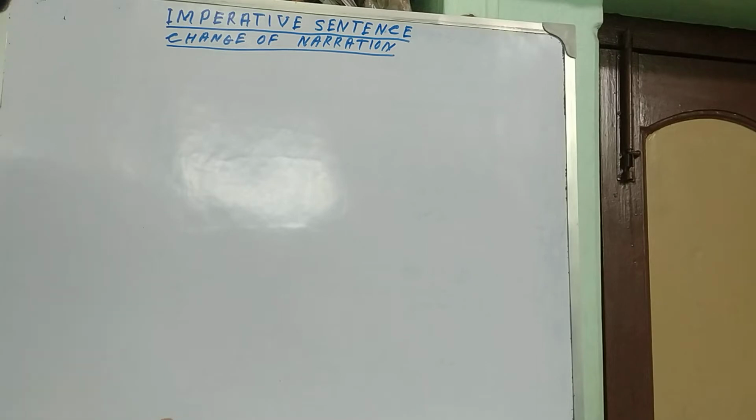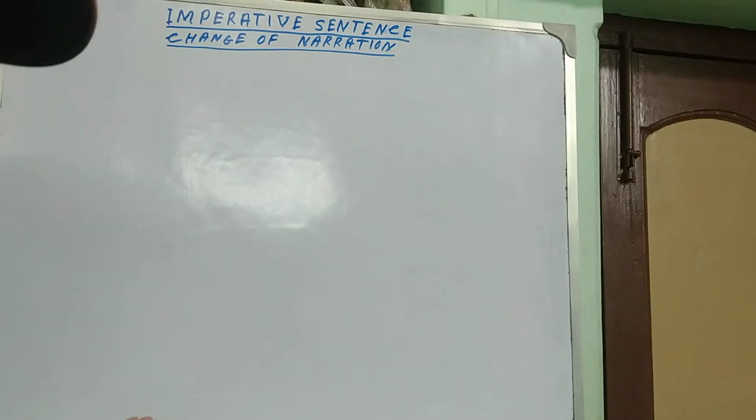My dear students, an imperative sentence suggests an order, a request, an entreaty, a kind of politeness, a kind of order, a kind of advice. If you cannot understand whether it is an order or advice or entreaty or forbidding, you must use tell.